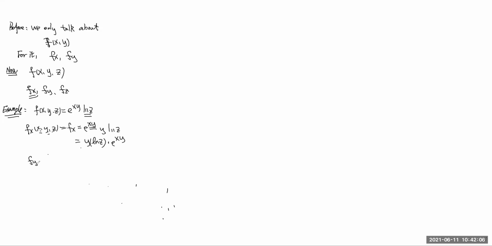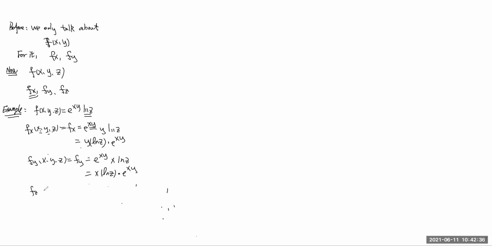And then let's compute f_y. We compute the derivative in terms of y. So this is e^(xy), and differentiate this part, we get x, right? We get x ln z e^(xy).